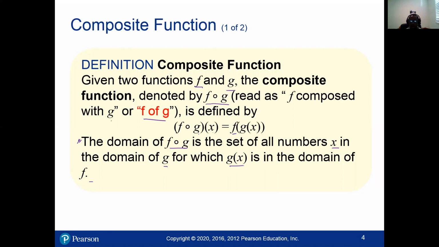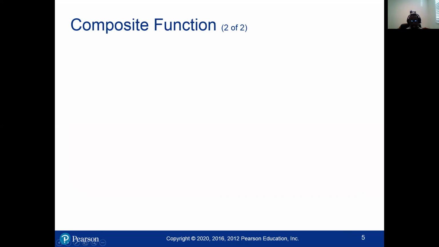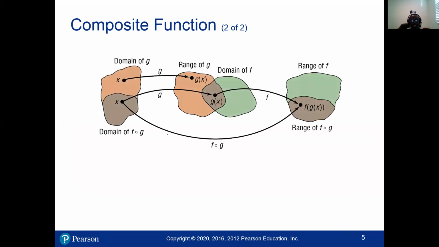Again, it's the set of all real numbers x in the domain of g for which g of x is in the domain of f. Now, diagrammatically, we have this. The domain of g takes the value x, puts it in, and gives the range.